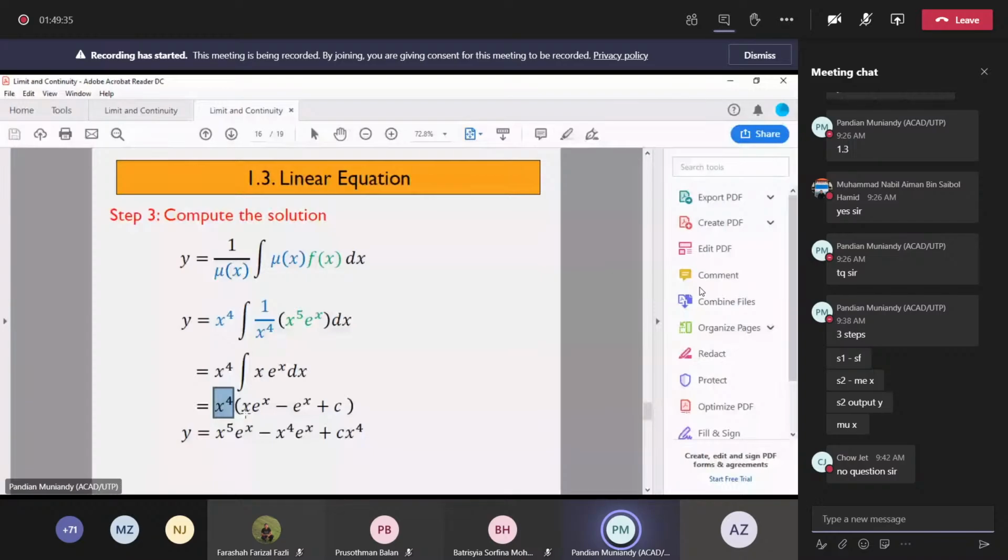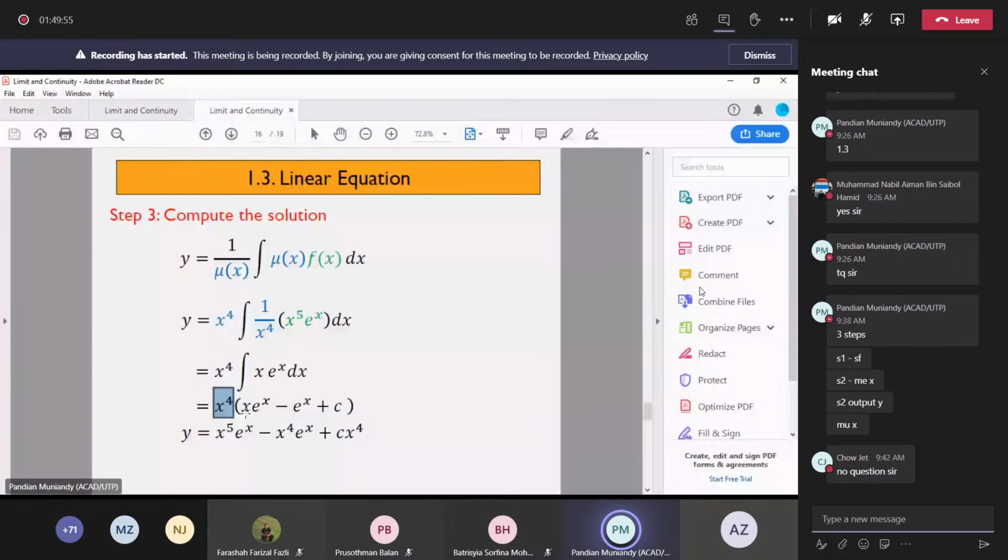This one, y, you bring dy dx: x squared minus 9 dy dx equals minus xy.